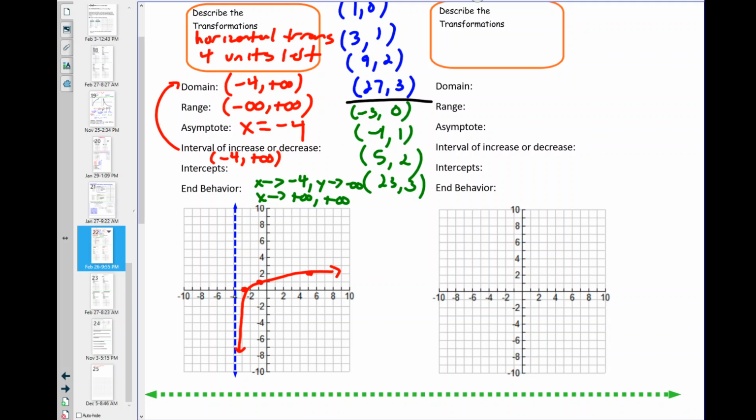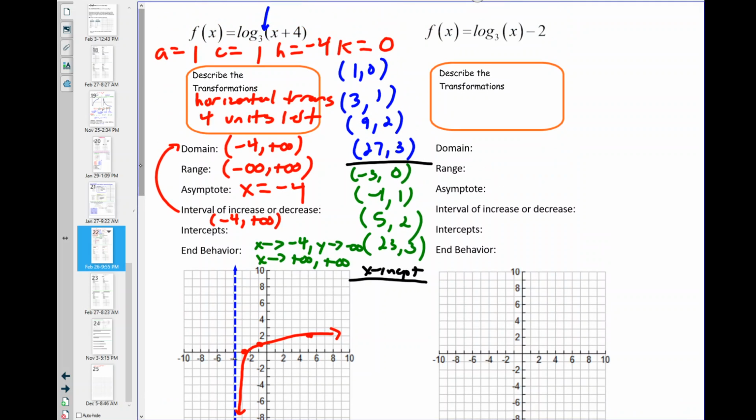All right, let's see if we can do the intercepts real quick. Who remembers from yesterday? How do we find the x-intercept algebraically? Put a 0 in for y. So 0 equals log base 3 of x plus 4. We already have a single log.